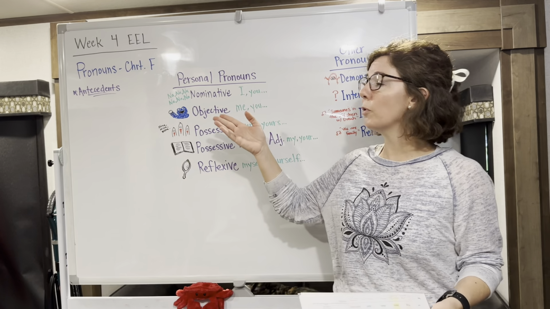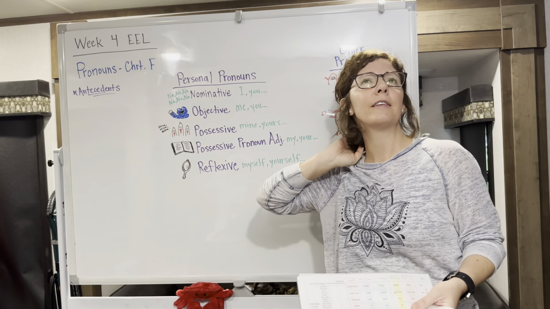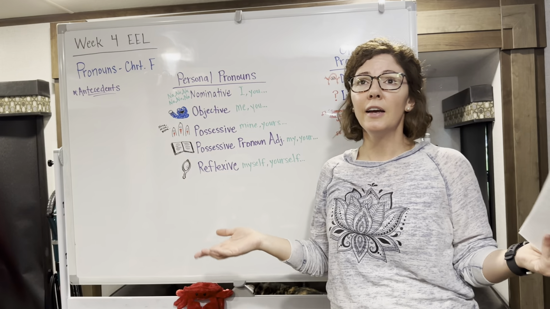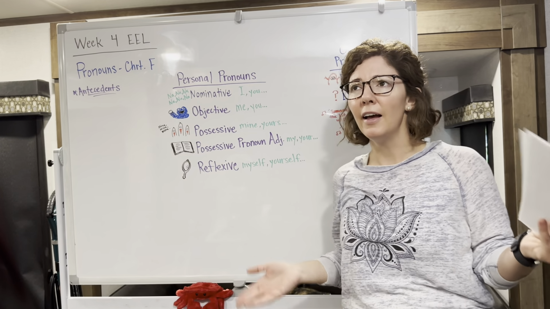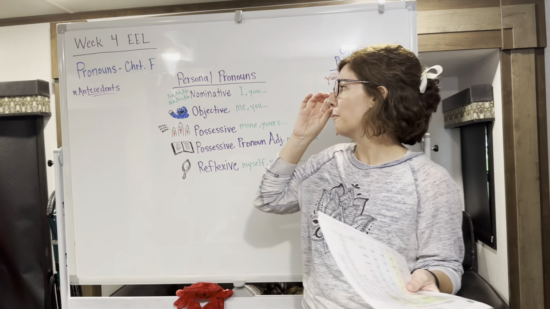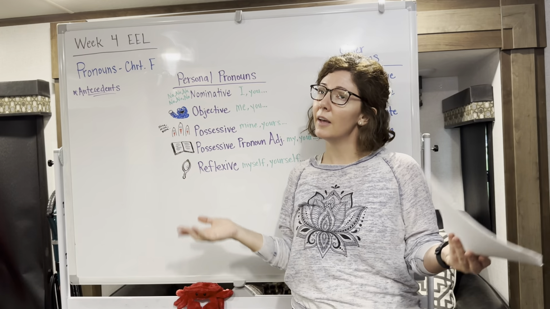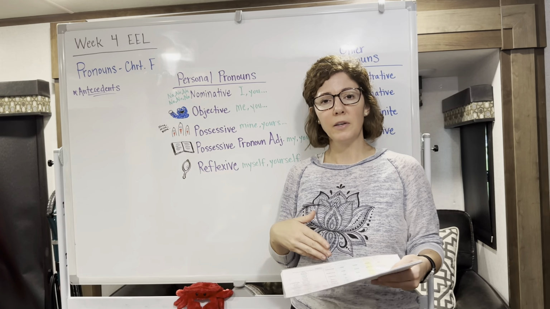To help us remember what our nominative pronouns are, there is this little tune: na na na na na na. Nominative, na na na na na na. That's kind of easy to remember. That's the tune of our little song for our nominative pronouns.